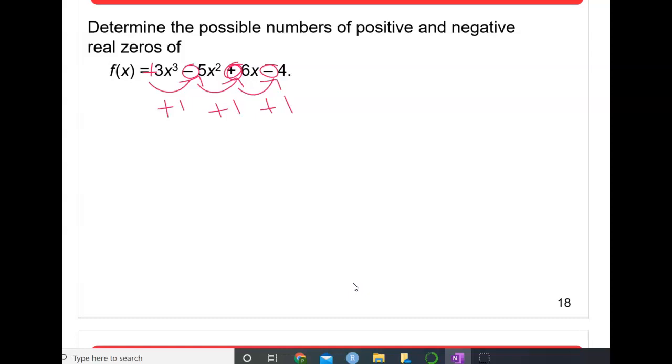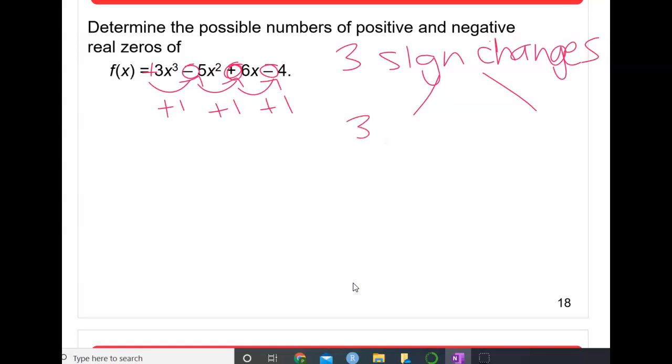Okay, so we have 3 sign changes or variations. So that means that we have either 3 positive real zeros or 1.